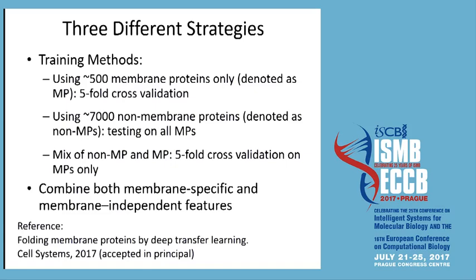The third strategy is to mix non-membrane proteins and membrane proteins together to train our model. In the third strategy, we also do 5-fold cross-validation on the membrane proteins, and we combine both membrane protein specific features and membrane protein independent features. This is our training strategy.